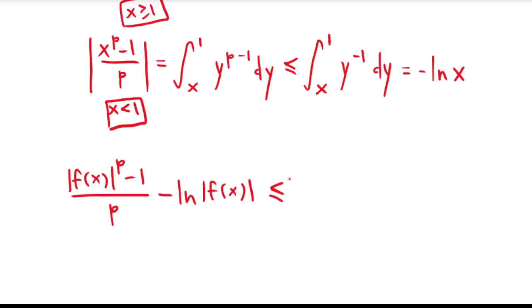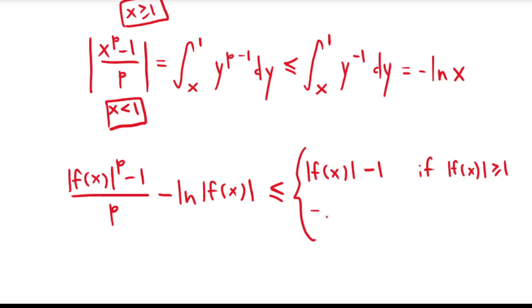So if absolute f of x is at least 1, this is bounded above by absolute f of x minus 1. So there's two cases, right? If absolute f of x is greater than or equal to 1, and otherwise this is bounded by negative ln absolute f of x if absolute f of x is less than 1.